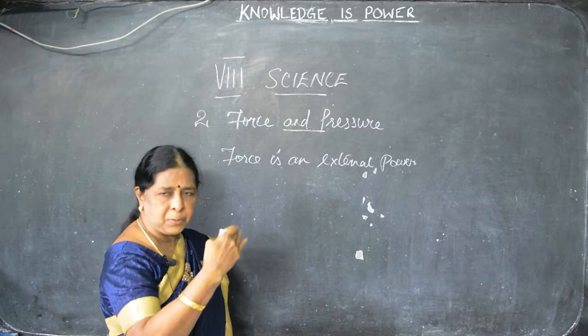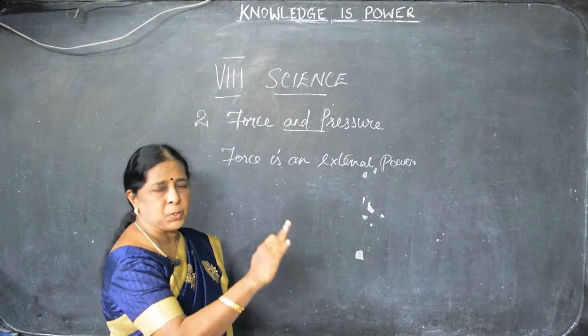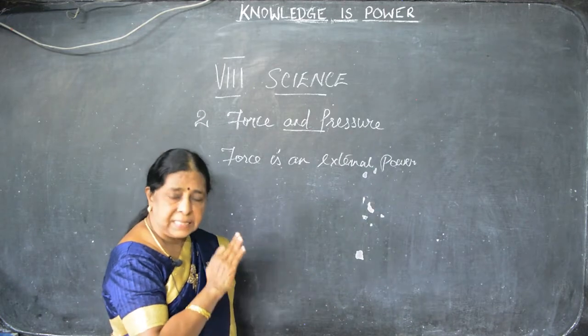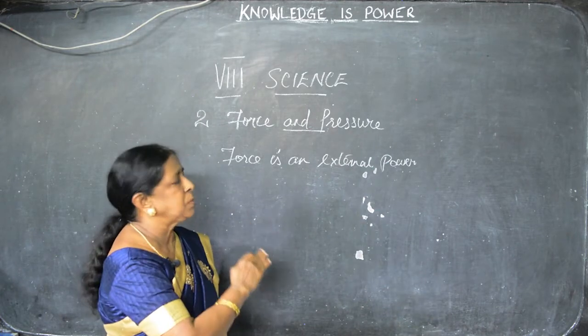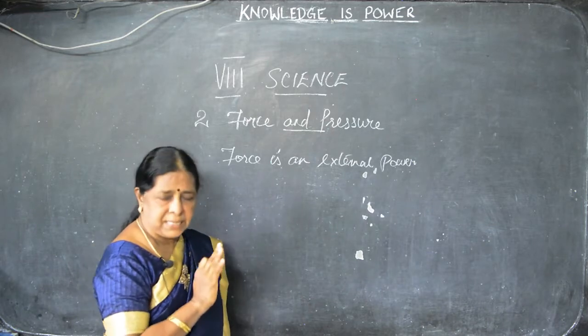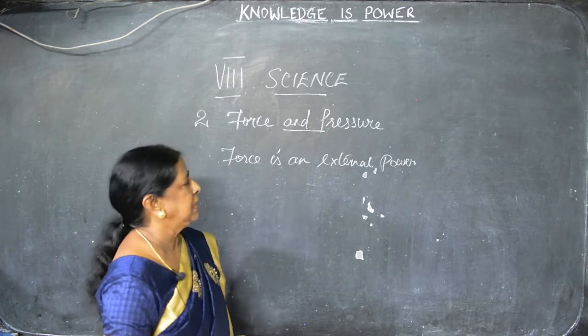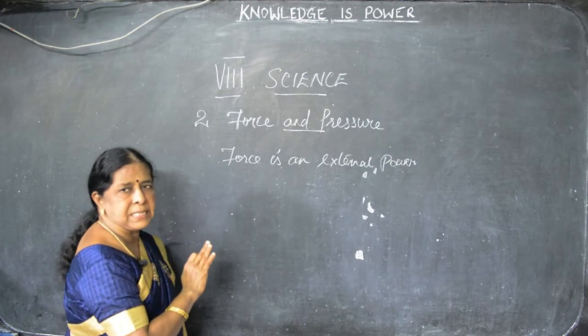Suppose our body is moving, the force applies on the object and makes it stop. If the body is in a resting condition, the force makes the body move. So force is an external power which makes an object move or rest.